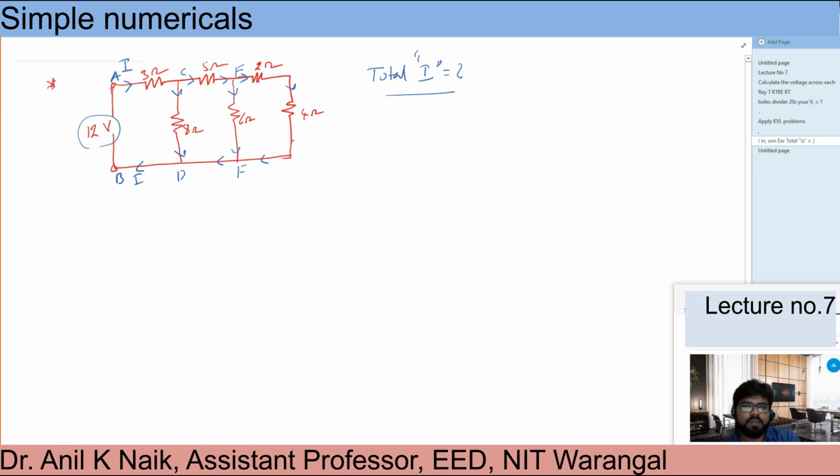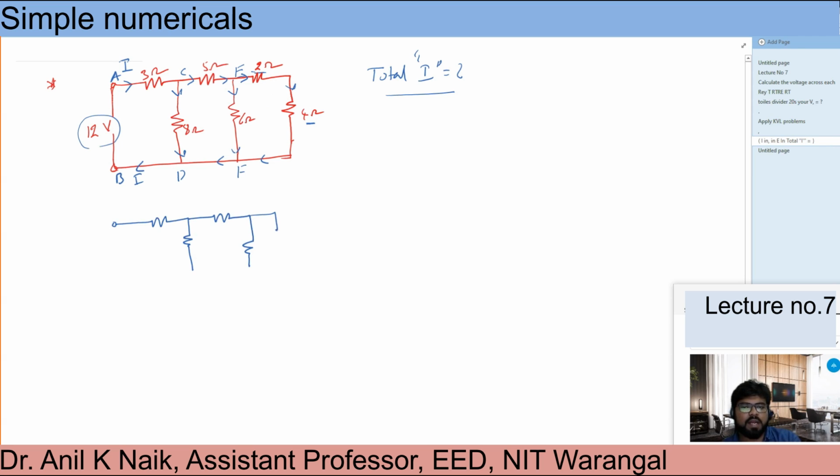At this particular branch, the 2 ohm and 4 ohm resistors are connected in series, because the current seen by this resistance is the same as this resistor. So I can take both resistors as series and add them. Now what is my representation of the circuit? It's coming like this.